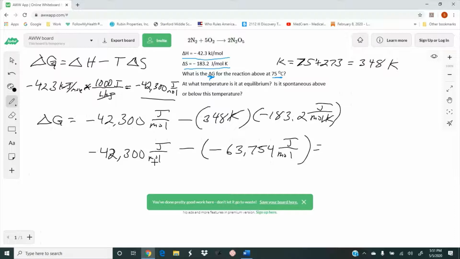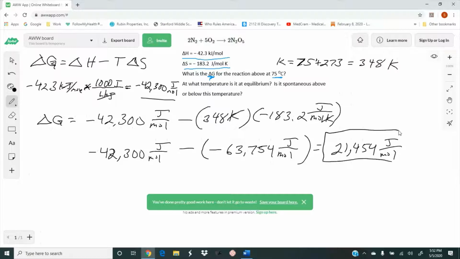If I subtract the negative, I'm going to end up with positive 21,454 joules per mole. And so there would be your answer.